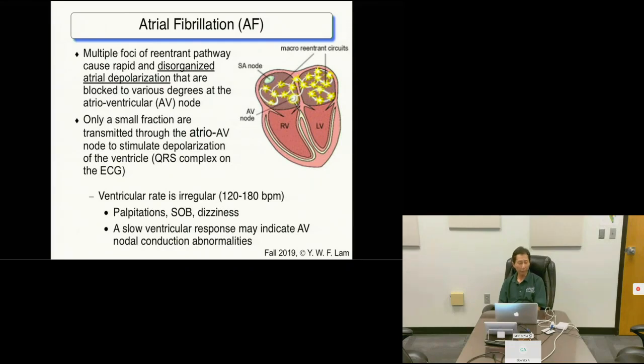So the majority of our patients would be symptomatic with palpitation, shortness of breath, and dizziness. That is something we need to keep in mind when we think about the general treatment approaches to patients with atrial fibrillation.